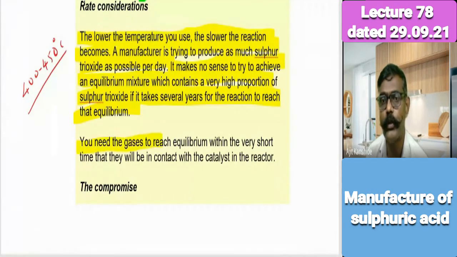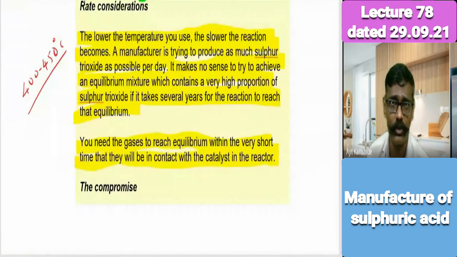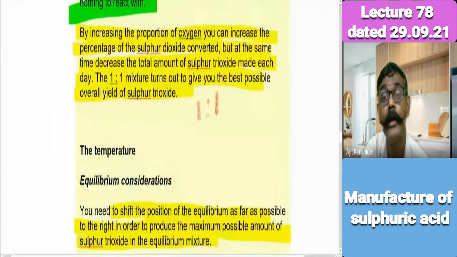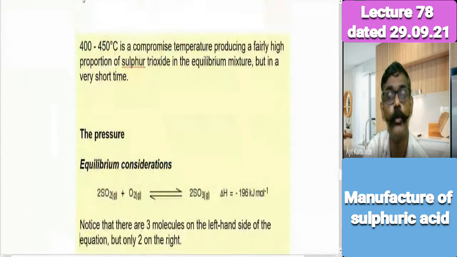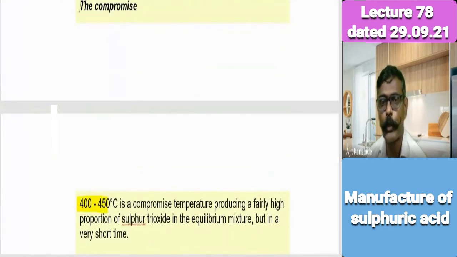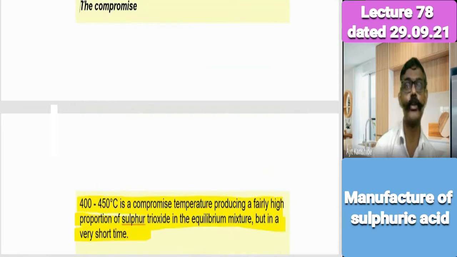The gases must reach equilibrium within a very short time that they are in contact with the catalyst or the reactor. As soon as they come in contact with the catalyst, we want product formation. So what is the compromise? The 400 to 450 degrees centigrade is a compromise temperature producing a fairly high proportion of sulfur trioxide in the equilibrium mixture, but in a very short time.